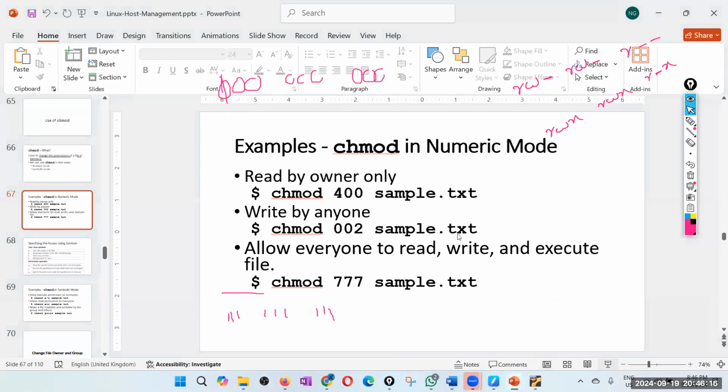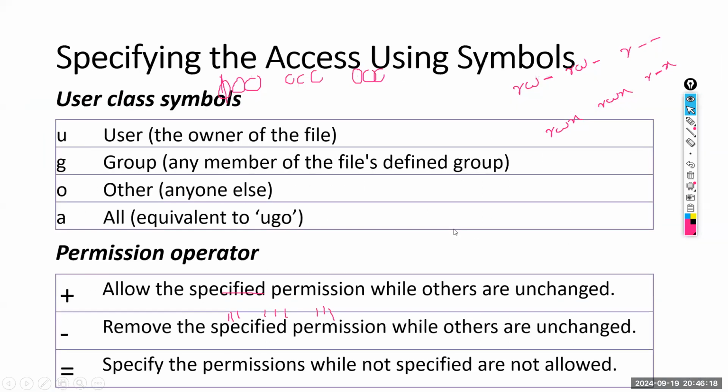Right, so that is numeric mode. Or there's symbolic mode. Sometimes it is easier. There you refer to user as u, group as g, other as o. That is the first, second, third. And if you want to refer to all three, you call it a, all. Then if you want to add a privilege, plus; remove, minus; assign, equal.